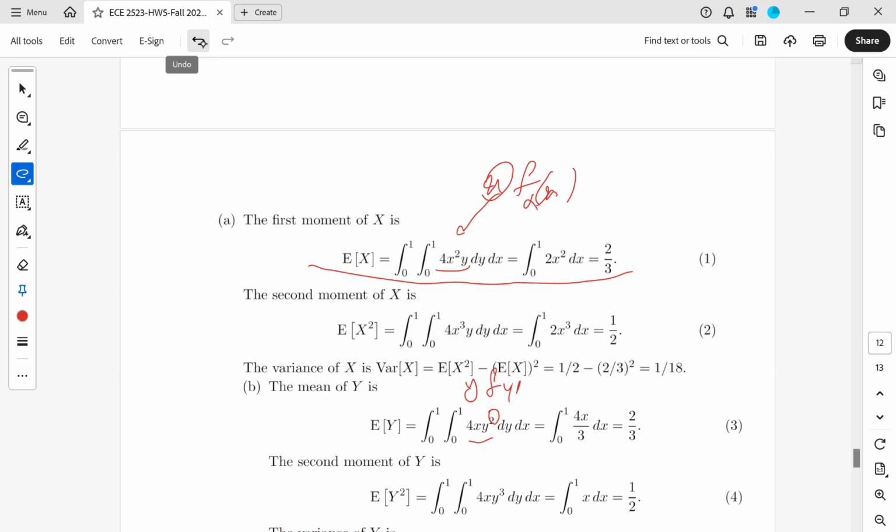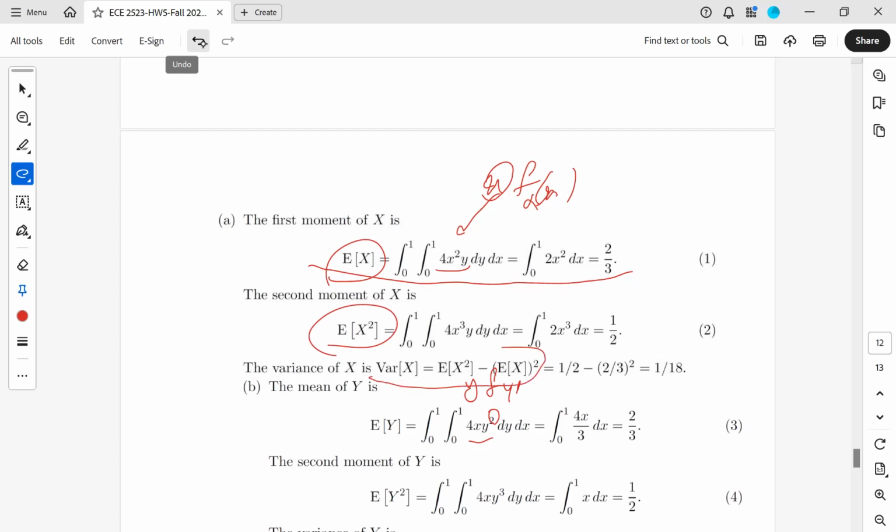Same process, you could calculate the second moments, expected value of x squared and expected value of y squared. It's going to be the same process. When you have these two values, based on the formula for variance, you know that the variance is the second moment minus the expected value squared.